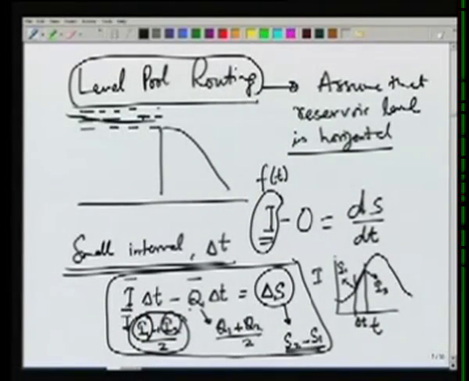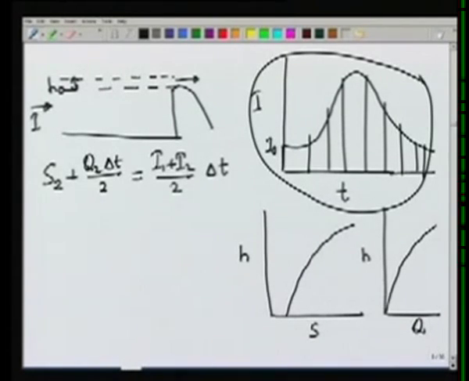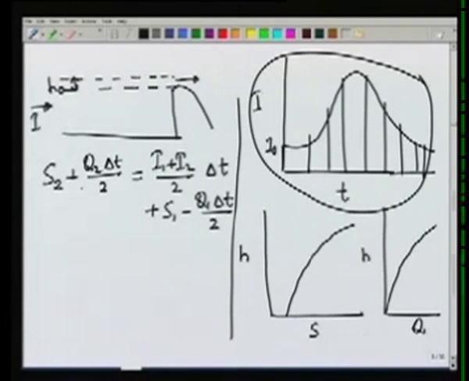So let's write this equation again here, but now with the unknown quantities on one side and the known quantities on the other side. So the same mass balance equation is now written in a slightly different form, by putting all the unknown quantities, S2 and Q2, both of these are unknowns.